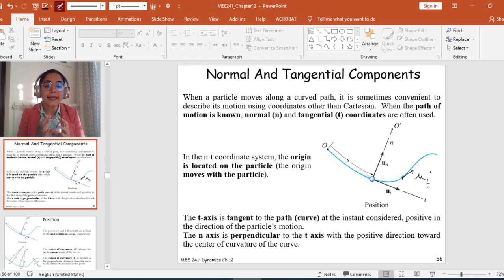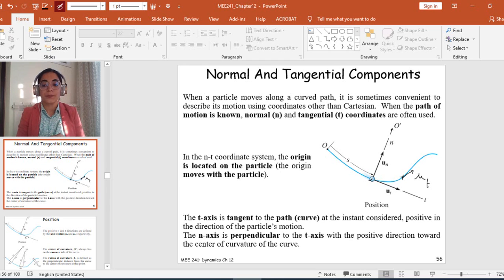Un is a unit vector that is always directed towards the center of curvature, like this location here. We're going to talk about the radius of curvature and the center of curvature. Un is a unit vector from this particle to the center of curvature.